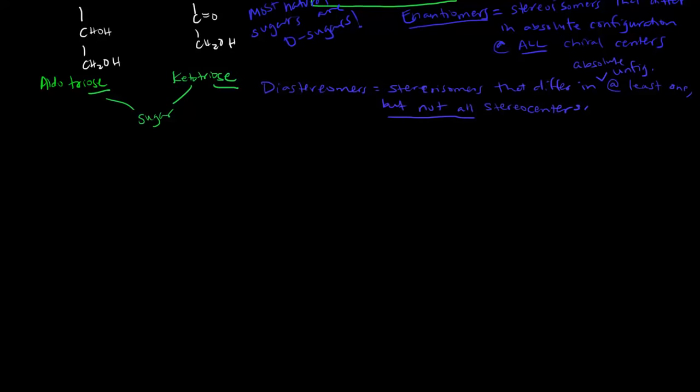So if we had these 4 carbon sugars, if we had this here, this is D-erythrose. And we know that it's D because the OH group on the last carbon, from the top down, is on the right, so it's definitely a D. Now this here would be OH.